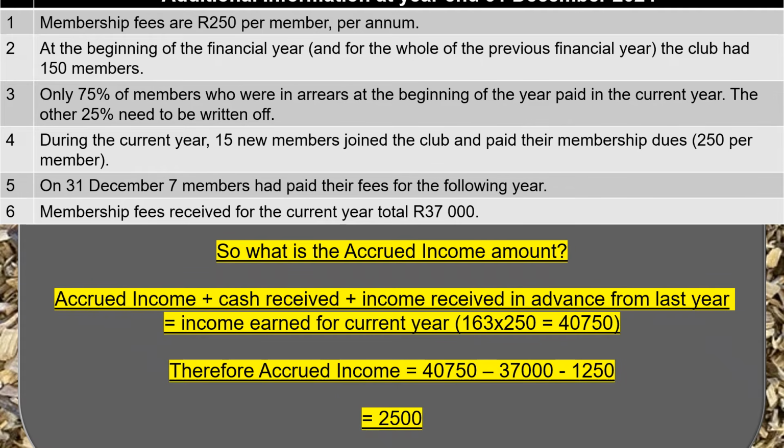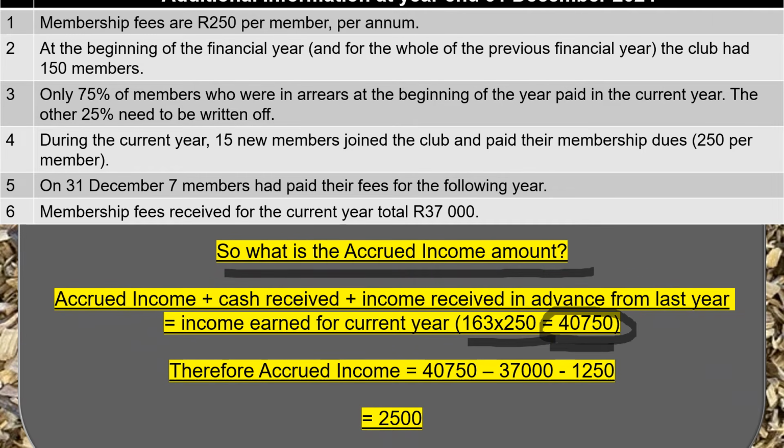Now I'm going to explain that accrued income again if you want to do it in a different way. The accrued income, the final amount in the membership fees account. So what is the accrued income amount? Now this 40,750 is the income earned for the current year.